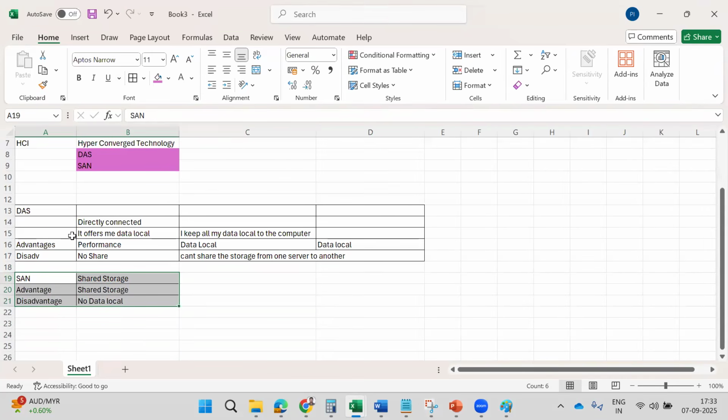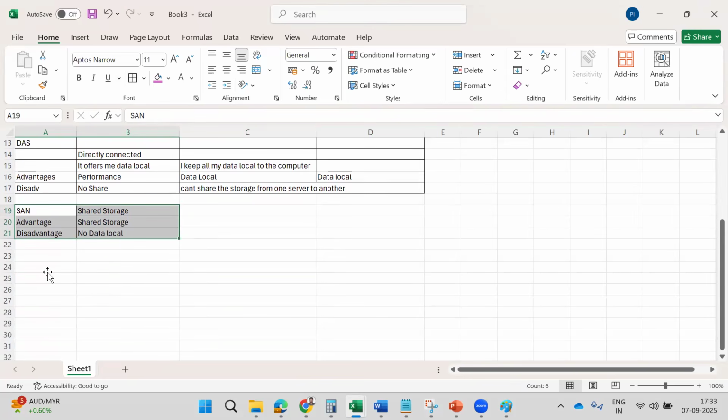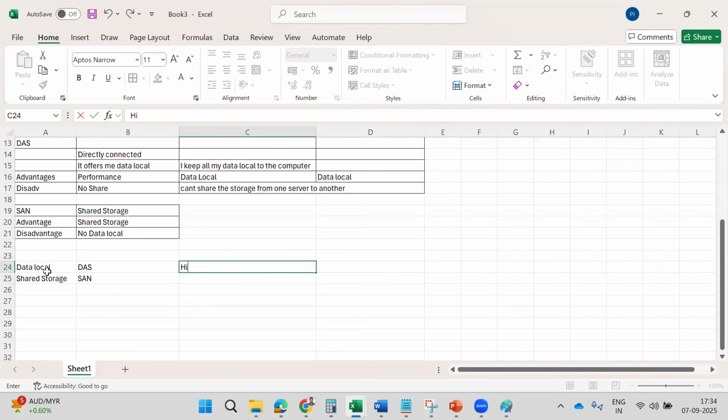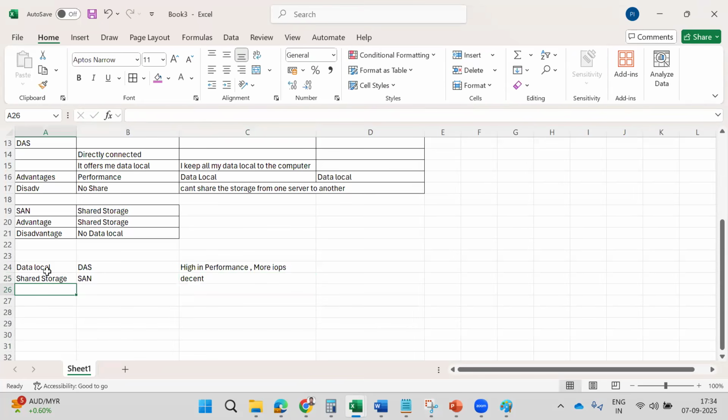Okay. What I'm trying to say, if you need data local, go for DAS. If you need shared storage, go for SAN. So data local, it is high in performance, more IOPS. SAN is decent, but not like the DAS solution. Okay.